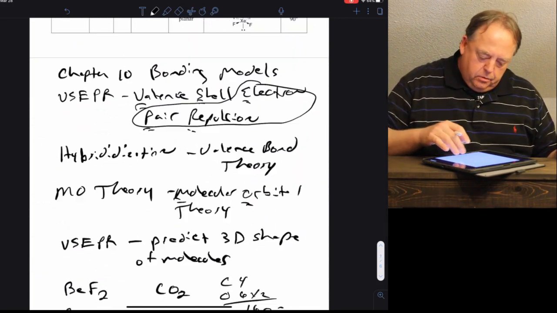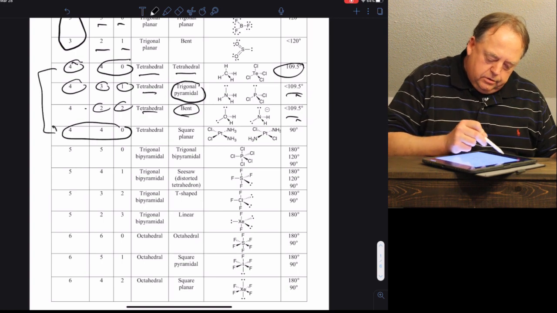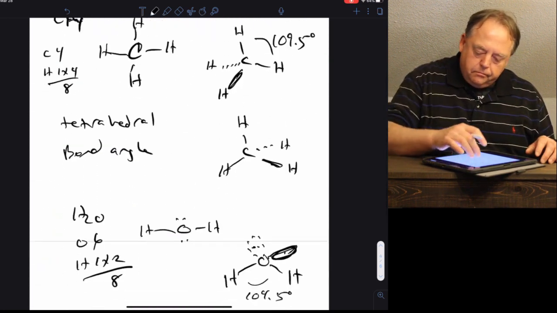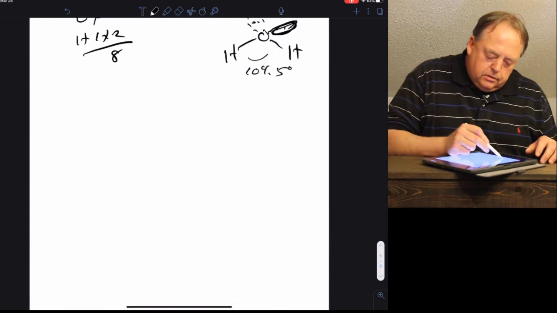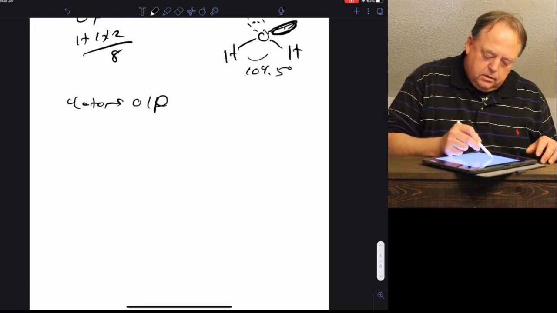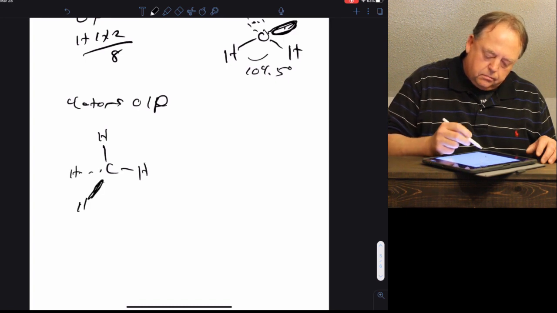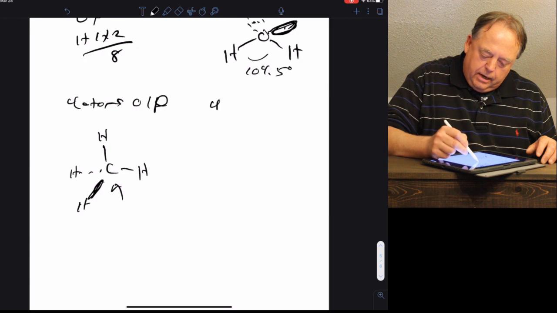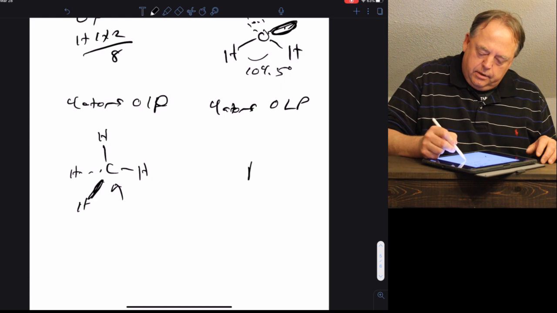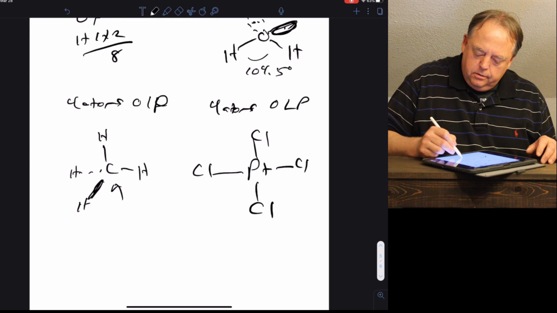Okay, so if we go back to this table, compare these two. There are 2 possible scenarios if you have 4 atoms and no lone pairs. Those 4 things could be tetrahedral, or those 4 things could be square planar.